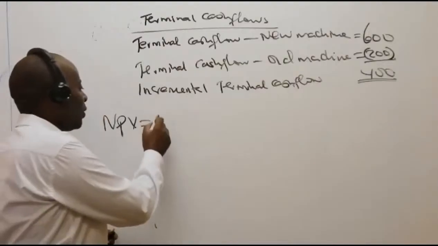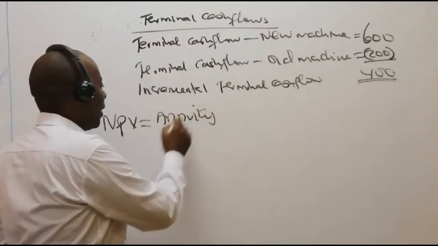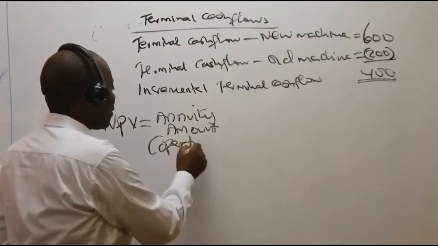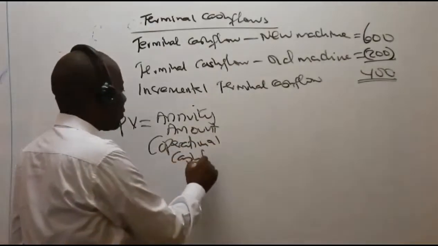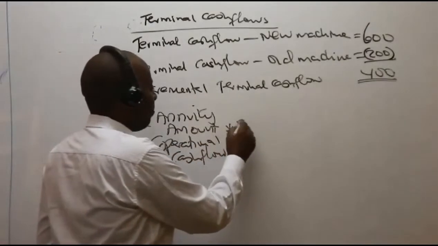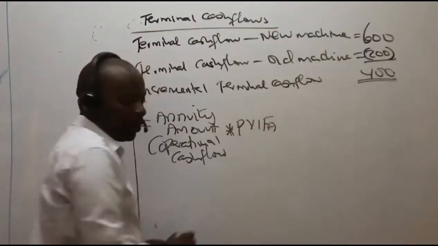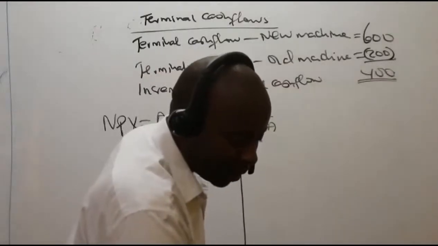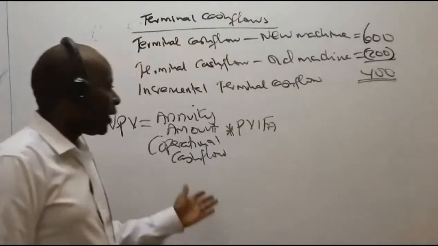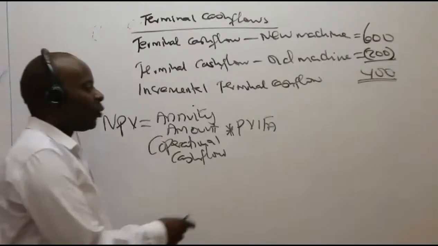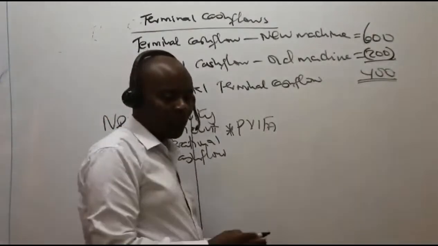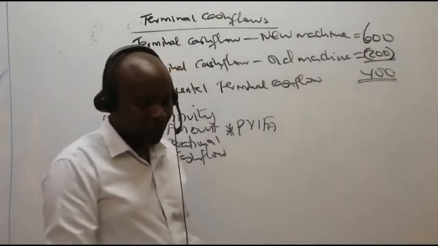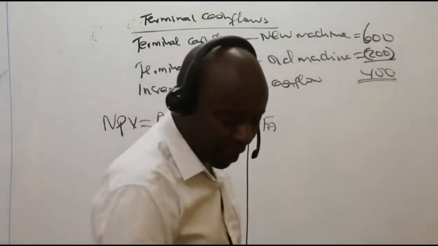I'll take the annuity amount, which is the operational cash flows, multiplied by PVFA, because these will need discounting. At what cost of capital? Are you able to see a cost of capital there? What is the cost of capital? At times they will call it required rate of return.